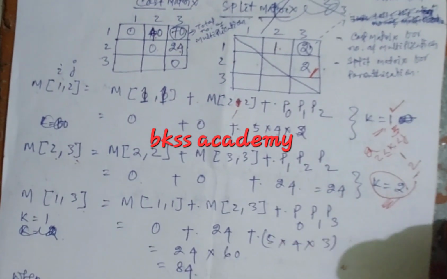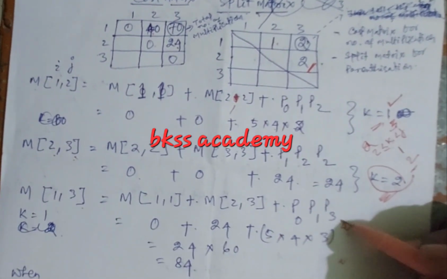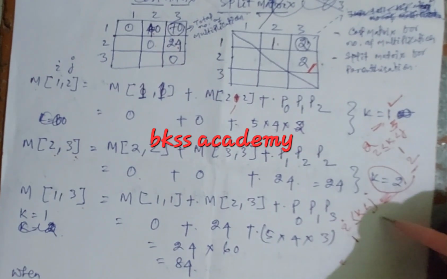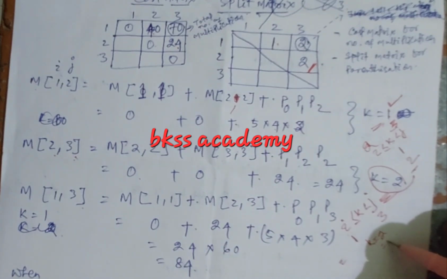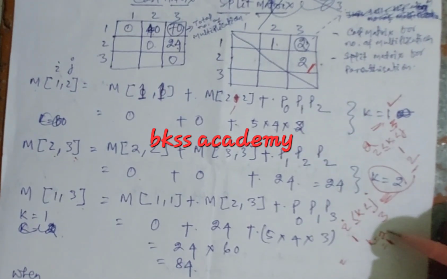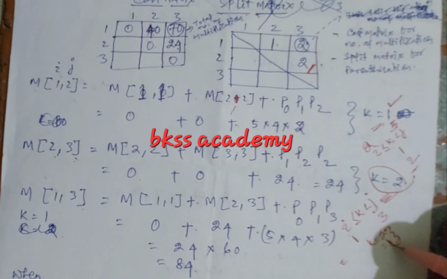Then M13, if i is less than or equal to k less than j, i is 1 and j is 3. So k may be 1 or 2. From those two, whichever gives the smaller value, that k will be chosen. So we will check.